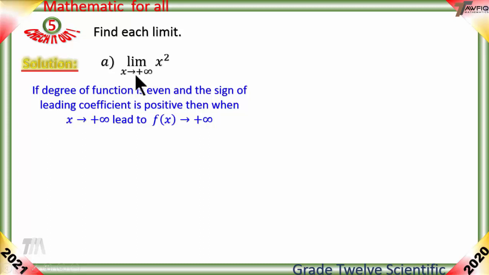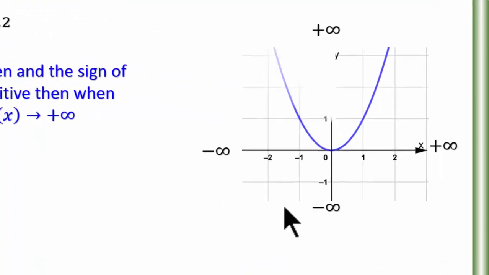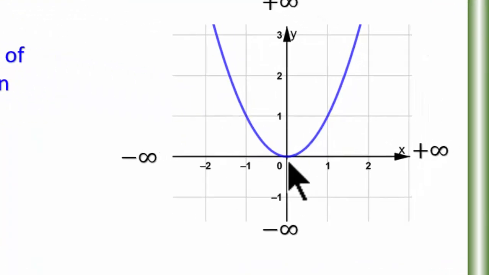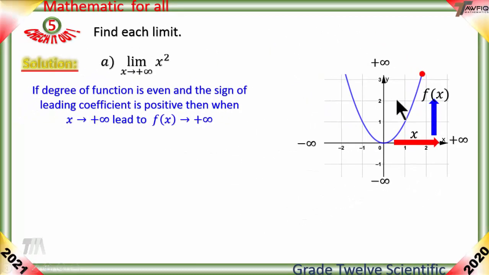That means when x approaches positive infinity, x squared approaches positive infinity too. As you can see on the graph of this function, when x approaches positive infinity, the function f(x) approaches positive infinity too. That means this limit is equal to positive infinity.